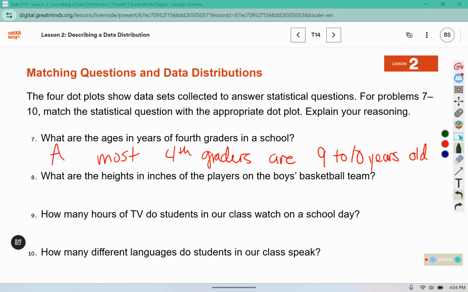Eight, what are the heights in inches of the players on the boys basketball team? Well, we wouldn't expect the height to be 0 inches or 1 inch. So dot plot D is likely the best for this one.